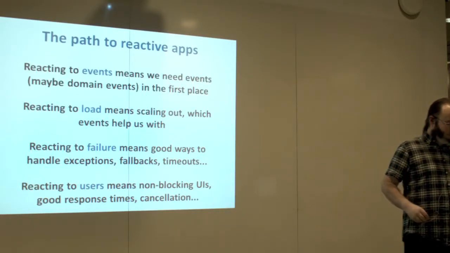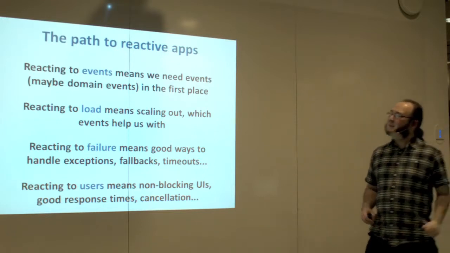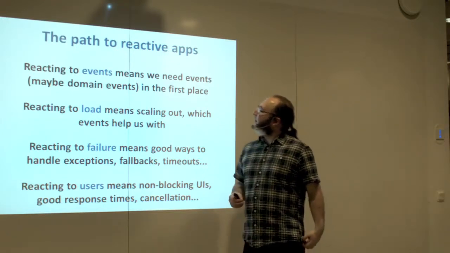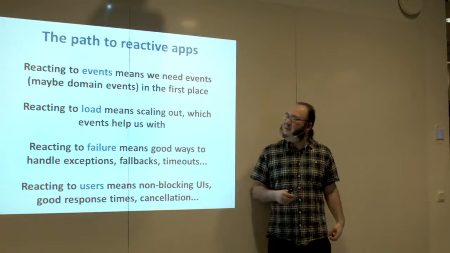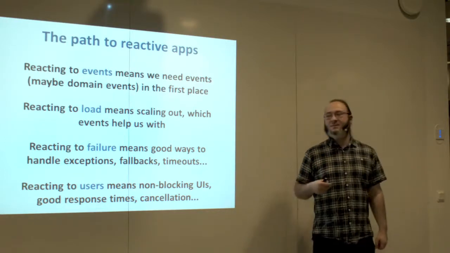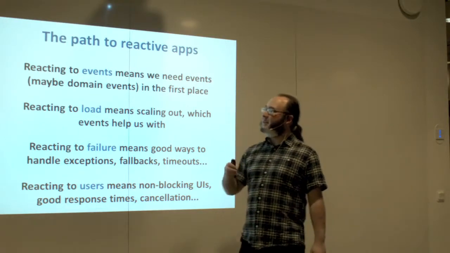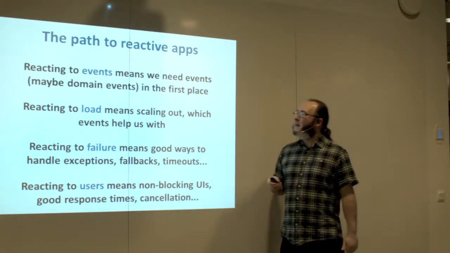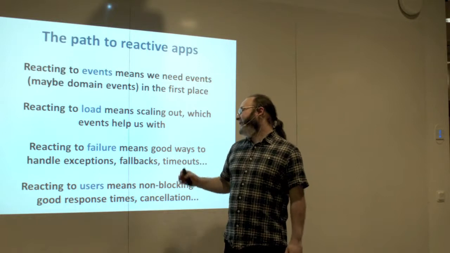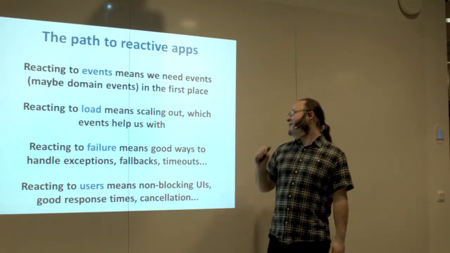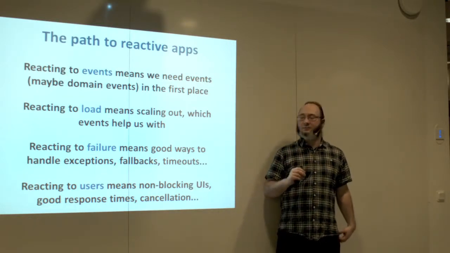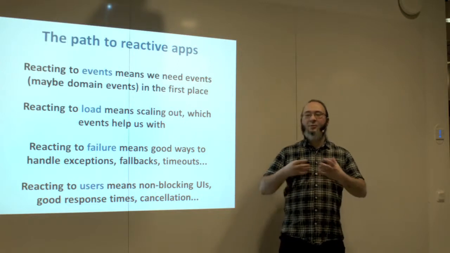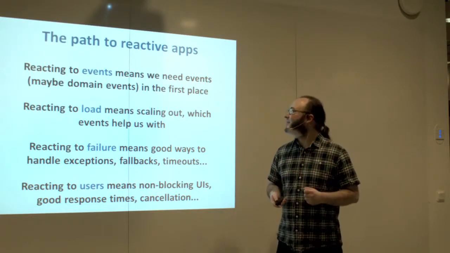So, how do you get to that place? Well, reacting to events means that we need to have events in the first place. And a little bit later this evening, I'll talk about domain events and how we can get there. But basically, the path all of this leads to is really asynchrony and having to cope with asynchronous things.